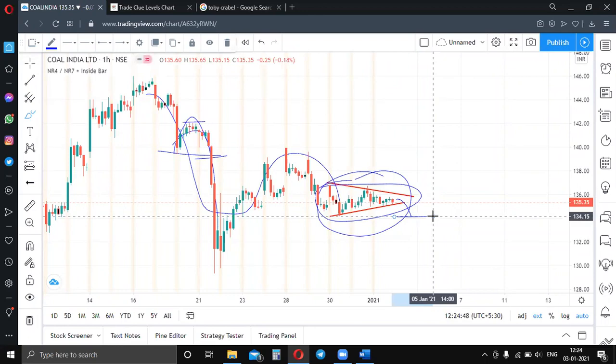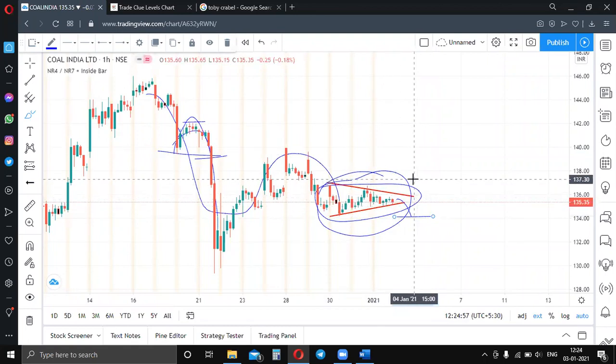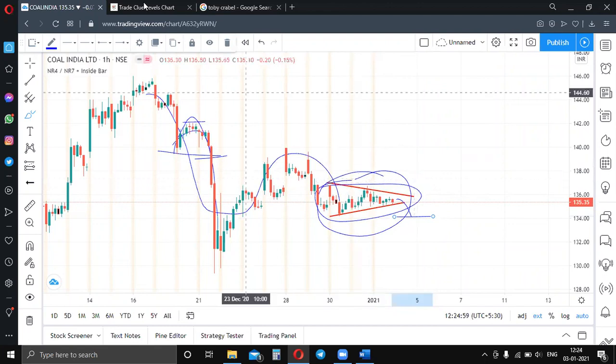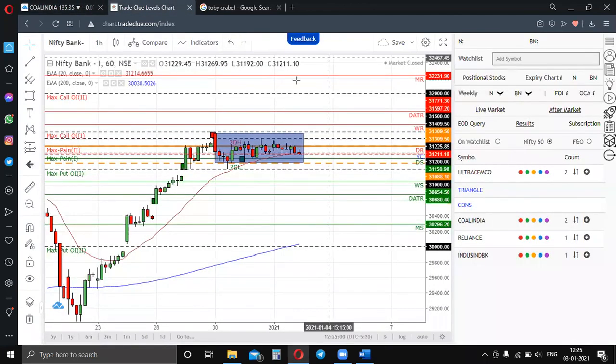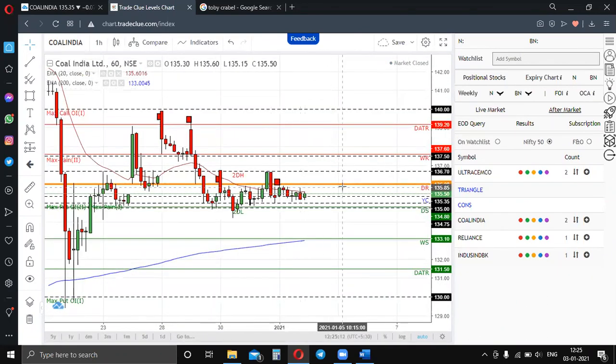right? So get a confirmation. If it's an hourly chart, I will look for at least a 15-minute closing either side of this cluster, right? And in that case, if it is breaching any important level, like Coal India, if tomorrow this is the orange line, and I see that on 15 minutes it is breaching comfortably above that zone, I'll be more interested to take my buy trade.